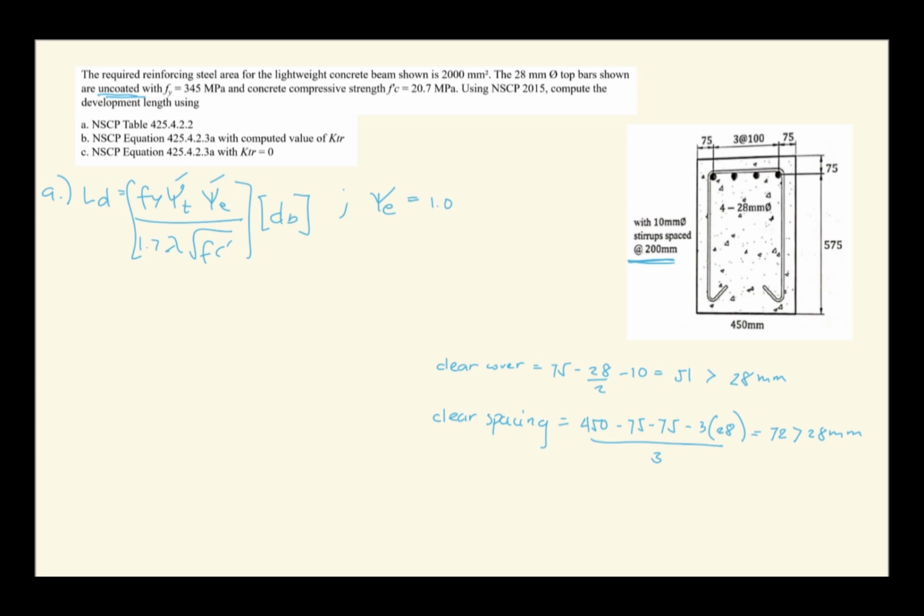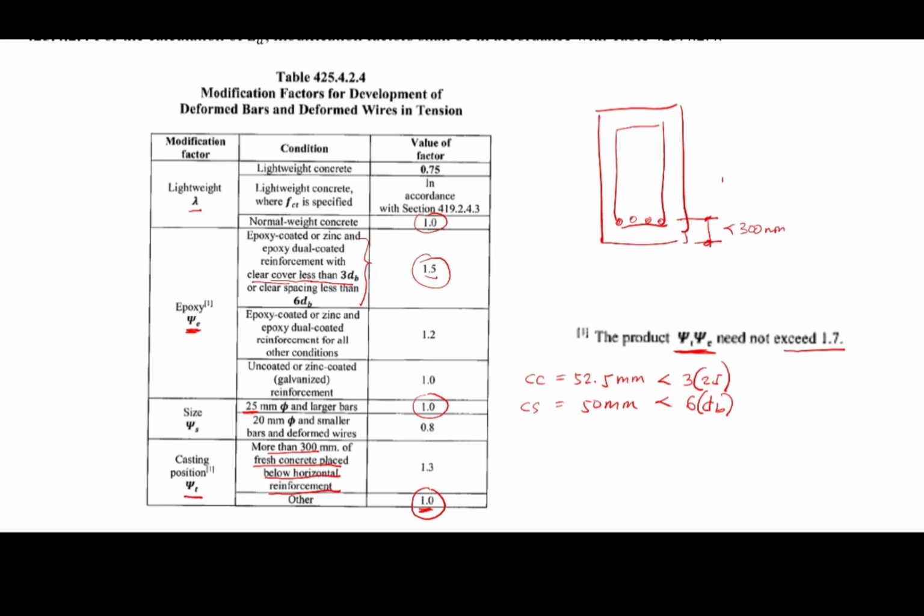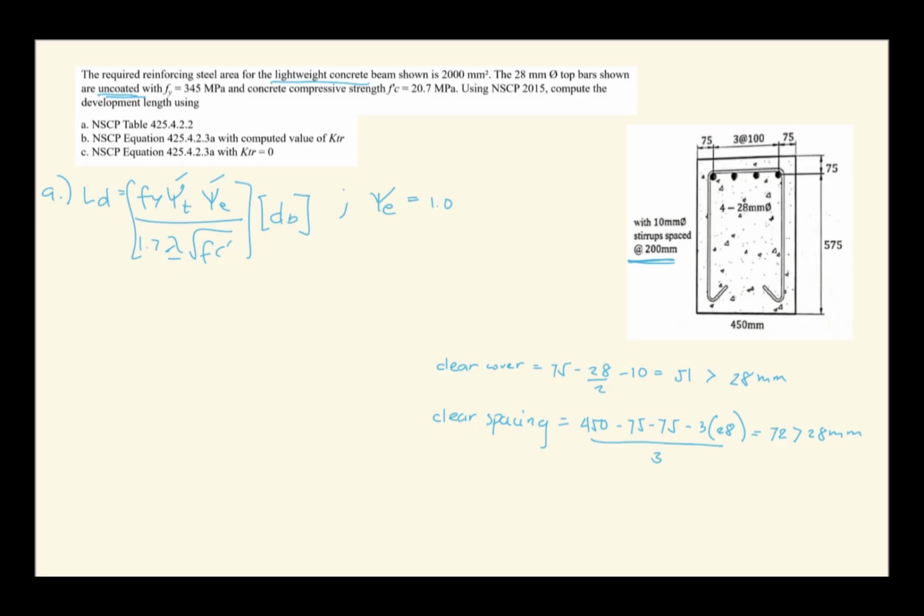And the concrete used is lightweight. Since in the casting position factor conditions, more than 300 mm of fresh concrete was placed below the horizontal reinforcement, as can be seen in this figure, there is concrete placed which is more than 300 mm.